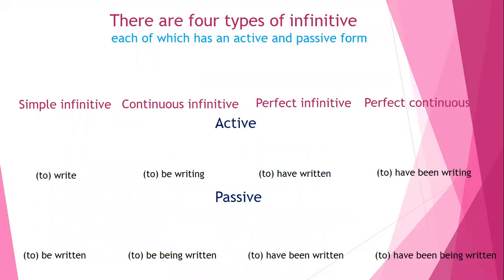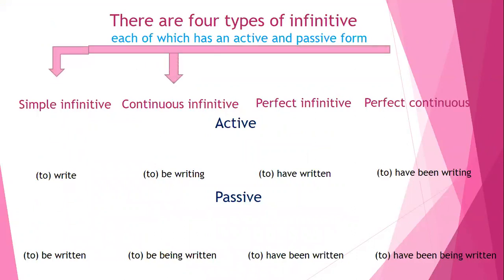Also, infinitive has four types, each of which has an active and passive form: simple infinitive, continuous infinitive, perfect infinitive, and perfect continuous. For example, simple infinitive: to write, in passive, to be written.